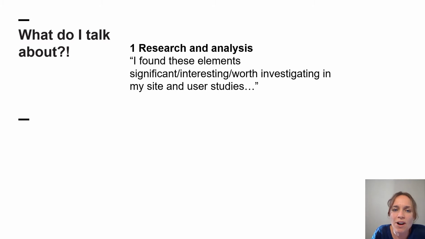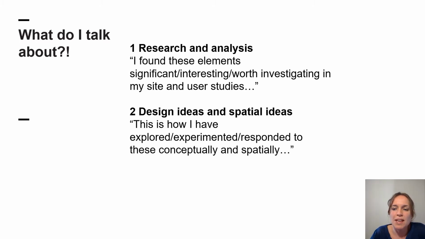I'd start by saying, well, I found these elements quite important, interesting, significant in my site and user studies, and this is how I've explored them. The second would be how you've translated that research into design ideas and into spatial ideas.